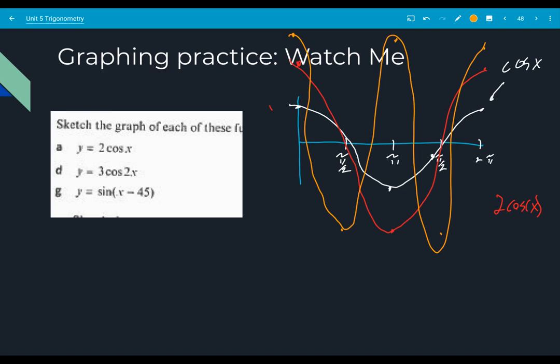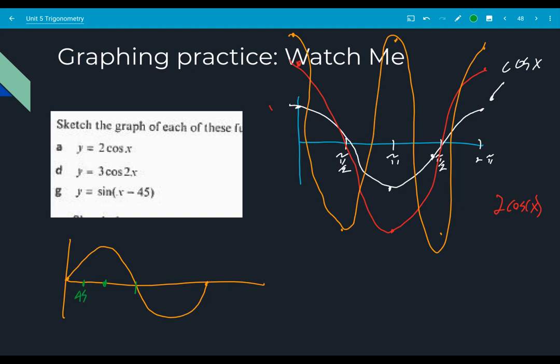And then we need to do a different graph for g. So sine starts here and goes up, down, comes back up. So sine of x minus 45. This is 45 degrees right here.